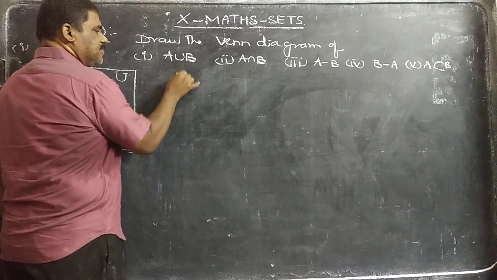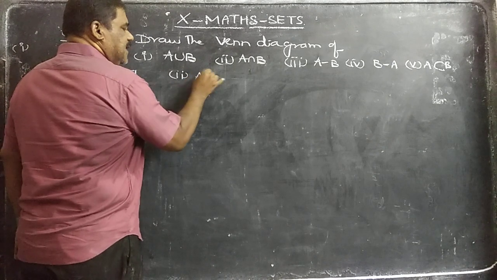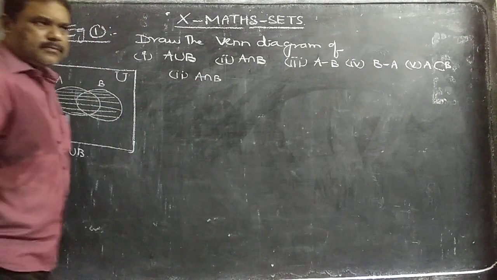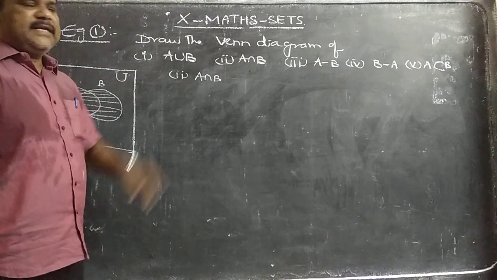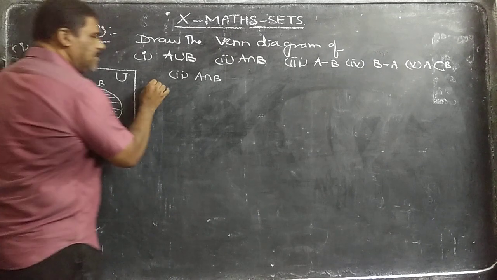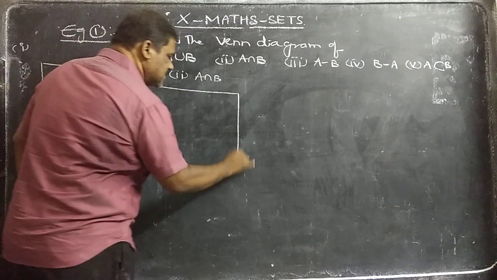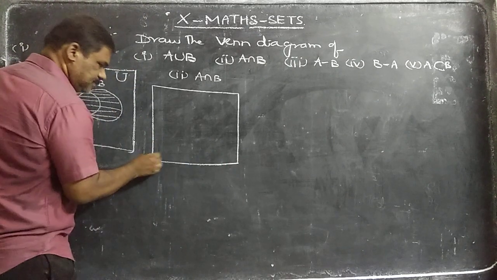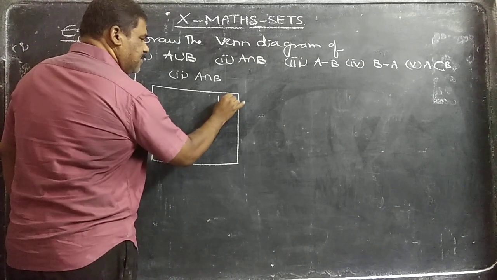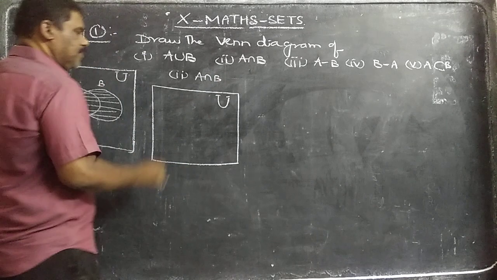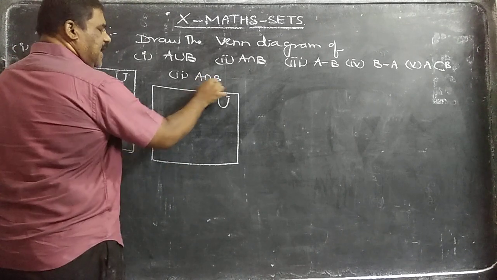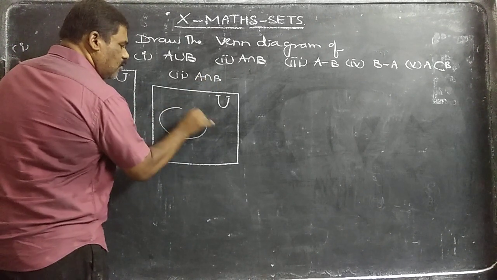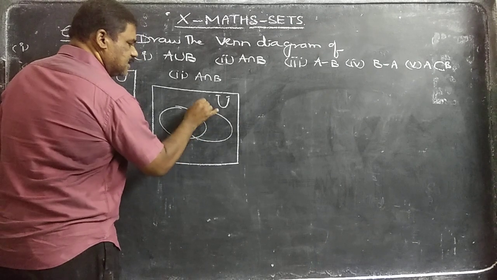Next, A intersection B. To represent A intersection B using Venn diagram, first we have to draw one box that represents universal set. That is represented by U. Now two sets are there, A and B, so draw two overlapping circles.